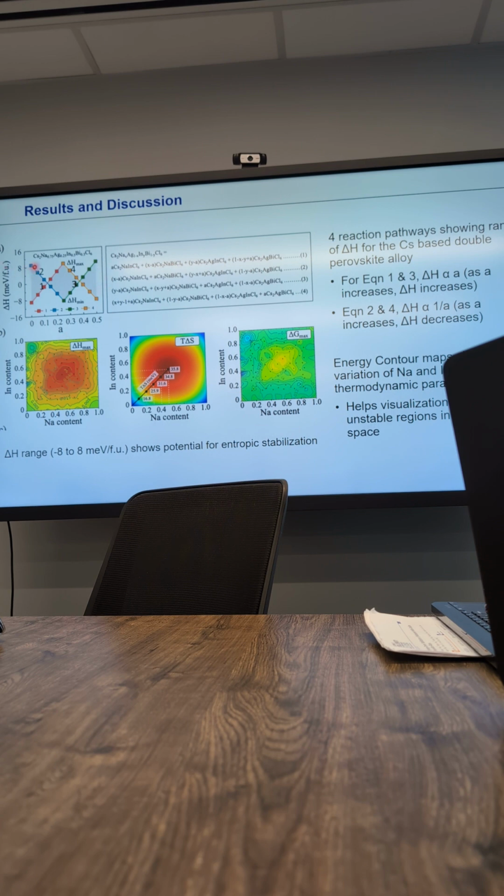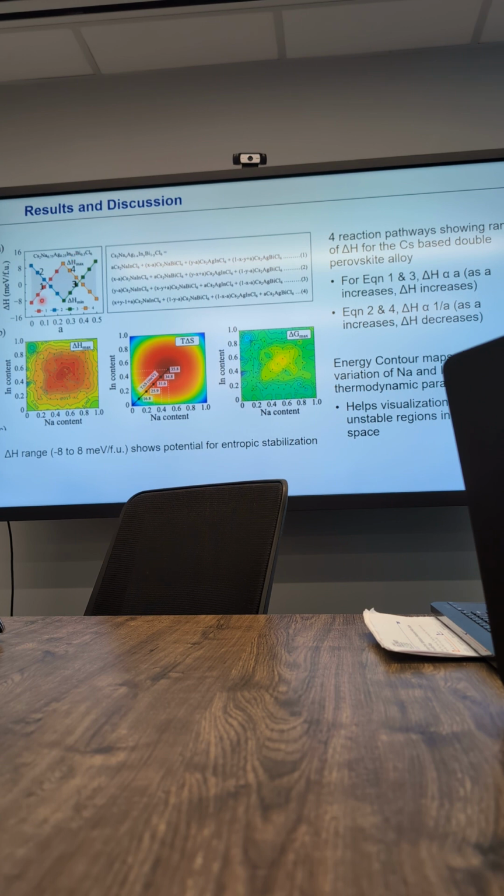And then for equation 2, it's inversely proportional to A. So as you increase A, the enthalpy decreases, and then it increases again. But basically, this plot is showing that within -8 to +8, whatever composition of this particular alloy you have, your formation enthalpy is not going to go beyond this point.